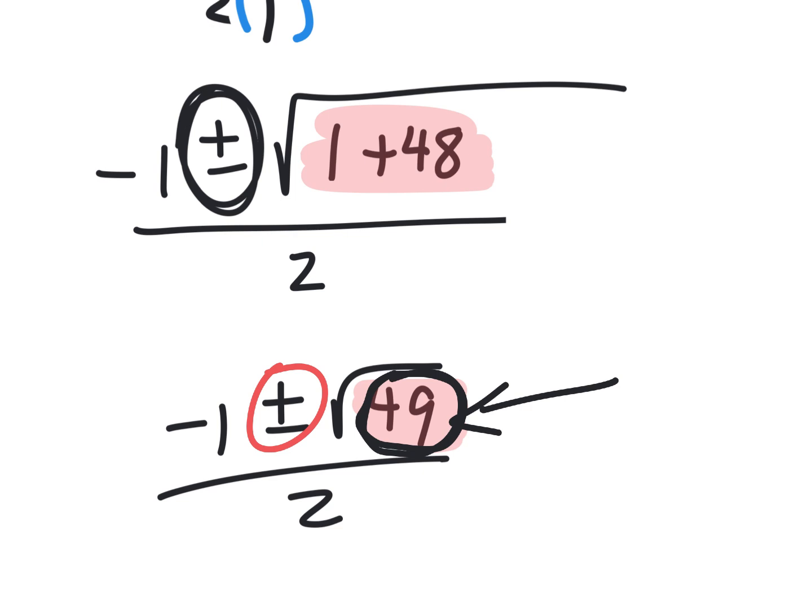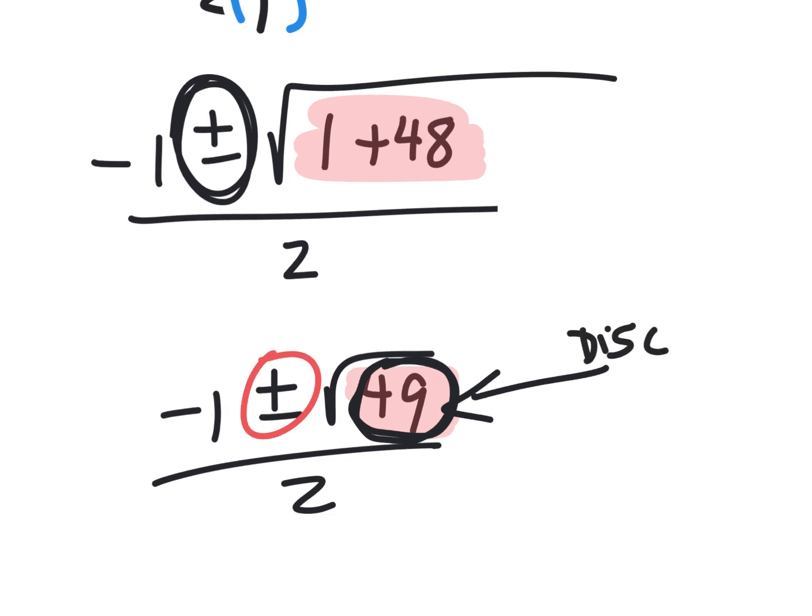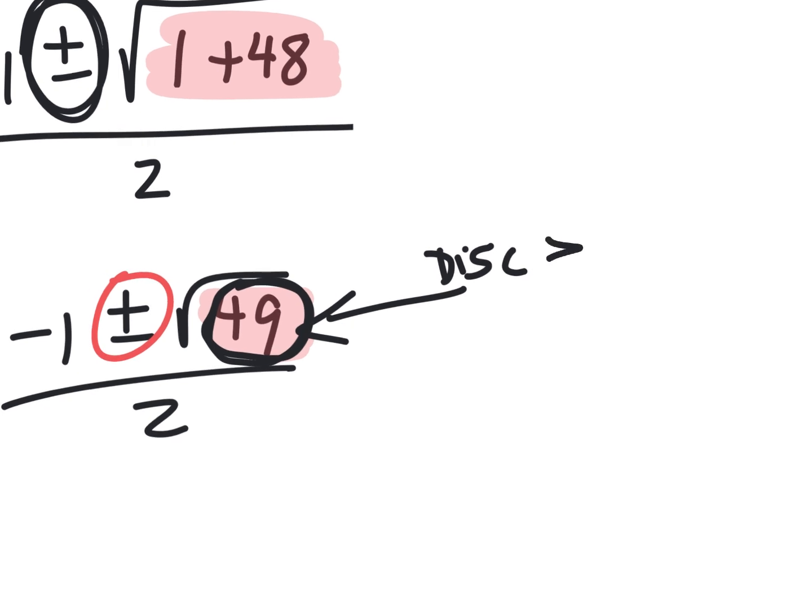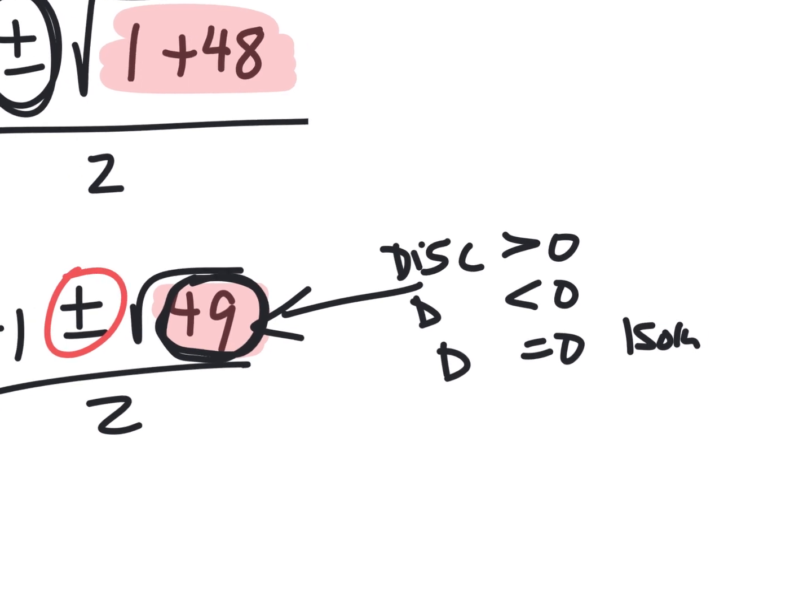So if your discriminant is this part, there's 3 cases. It's either greater than 0, or the D is less than 0, or the D is equal to 0. And if it's equal to 0, you get one solution. If it's less than 0, you get none. And if it's bigger than 0, you get 2 solutions.